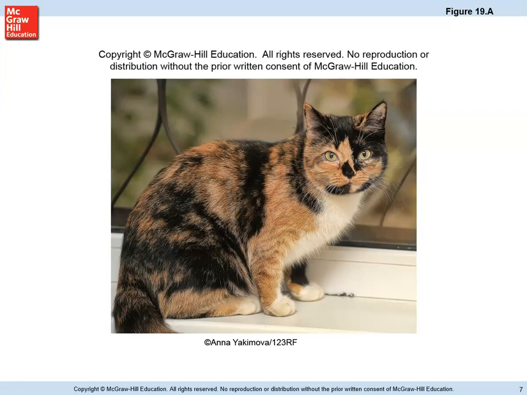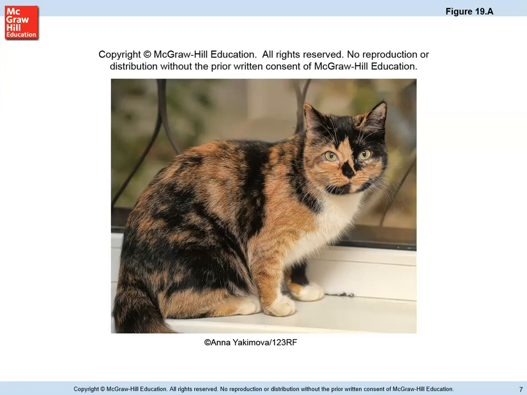And in other parts of the cat, the black chromosome is turned on and the orange one is turned off. So wherever the orange happens to be turned on, it's expressed. Wherever the black happens to be turned on, it gets expressed. And in areas where neither one of them perhaps was turned on or fully expressed, you get the white. So that gives you all 3 colors in the same cat.